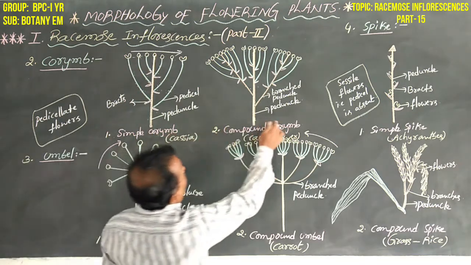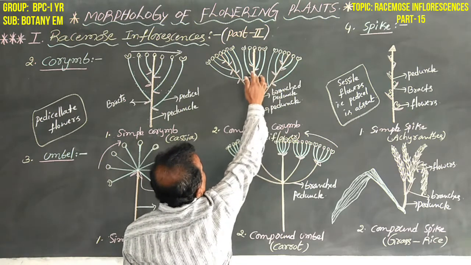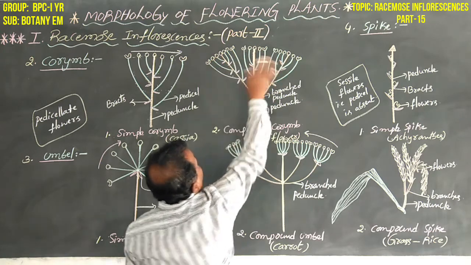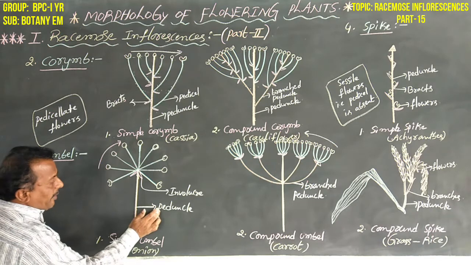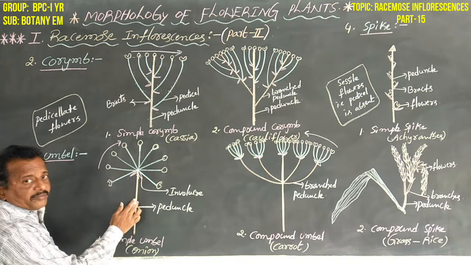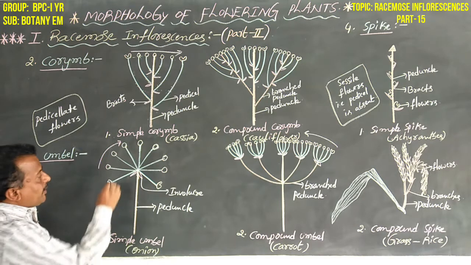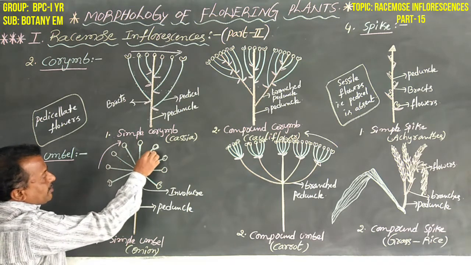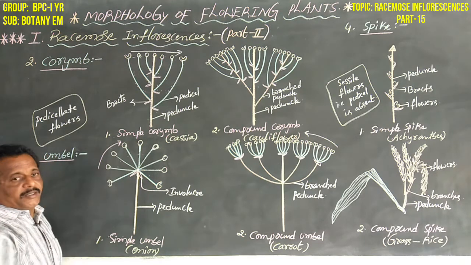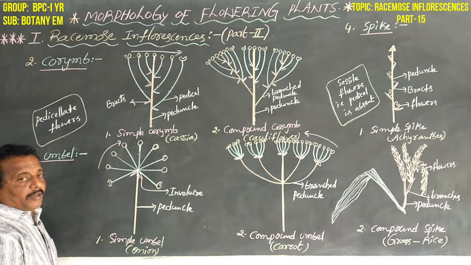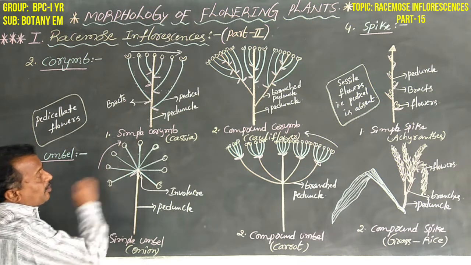In compound corymb, the peduncle also has several branches, but all are at the same height. But in umbel, the peduncle is unbranched and at the same time condensed, and several pedicels of similar size are produced at the tip of the peduncle, all from a single node.